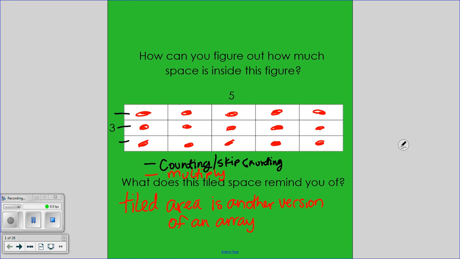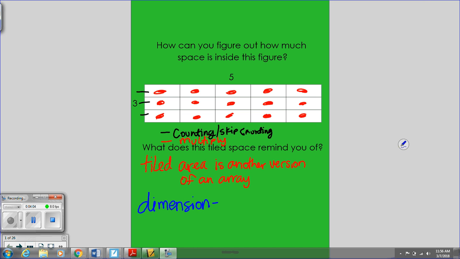Eva, what's up? What it reminds me of: dimension. You need to write these words down because you're going to see them a lot. There are a couple of different versions of dimensions. When we talk about 3D, 4D, 2D, the D stands for dimension, and that's actually related.